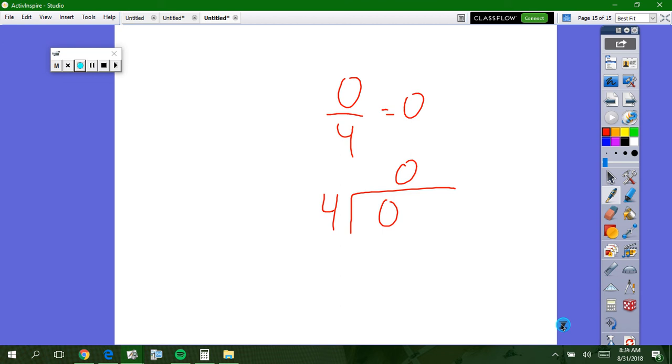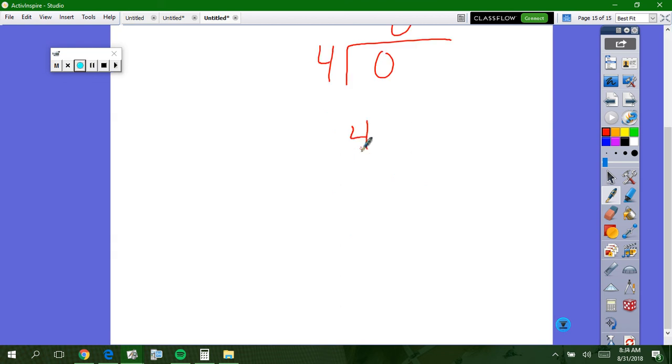But what is 4 divided by 0? So that's 0 on the outside, 4 into here. 0 times what gets me to be 4? It won't ever happen. There's nothing ever to get close to 4 when it's times by 0. 0 times nothing will ever get me close to 4.